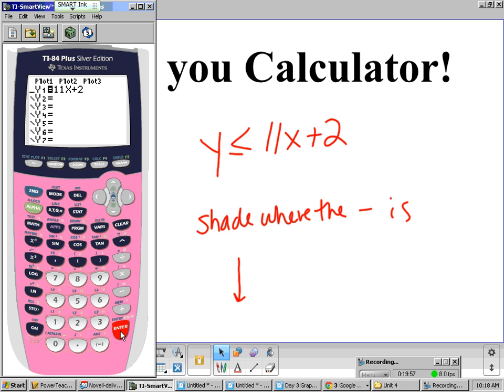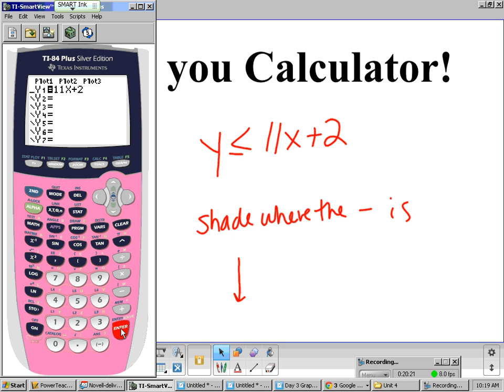If I press enter again, it's going to give me shading above, shading where the positive is. If I press enter again, it's going to give me shading below, and that is what I want. So you have to press enter highlighted to the left of y equals and get it to where you want it shaded.